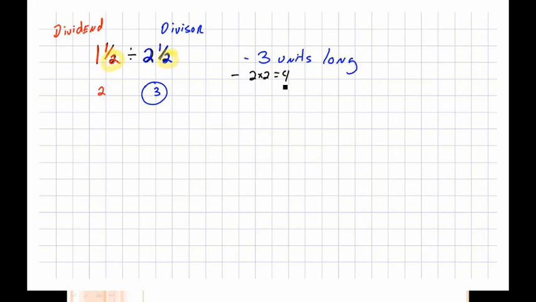So we need a number line that's 3 units long, where each unit is broken into 4 parts. Okay? So, 3 units long.